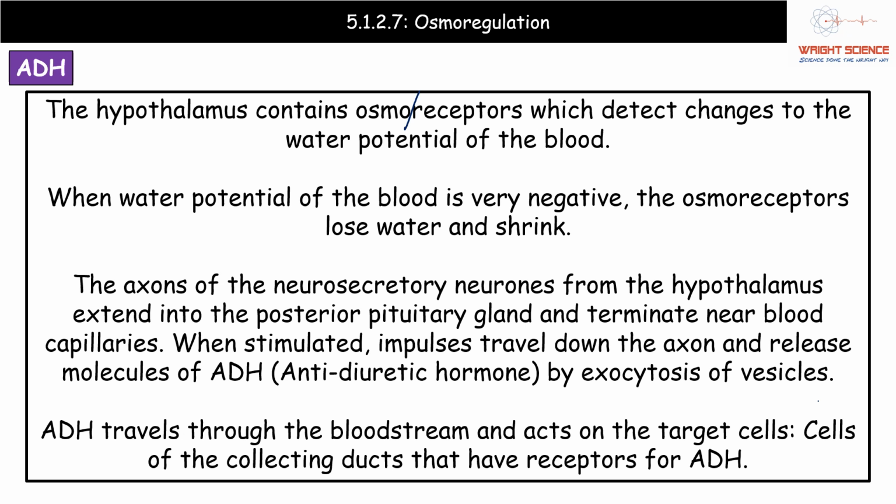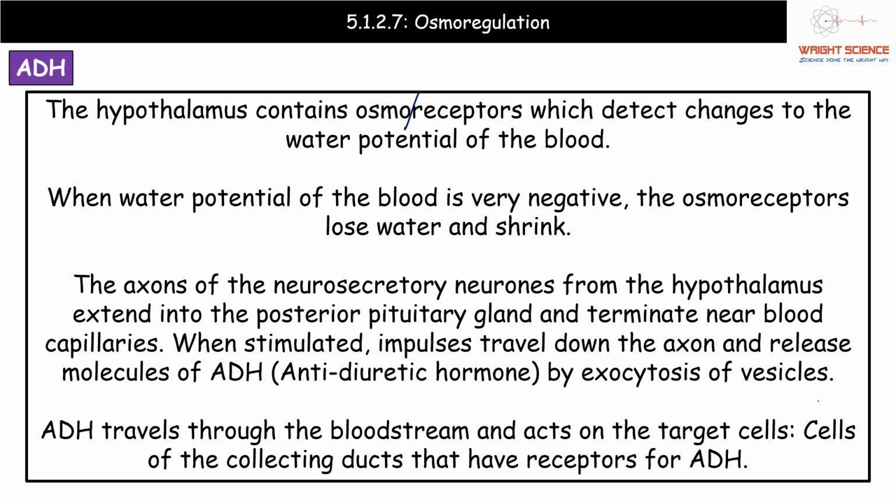Now, if the water potential of our blood is very negative, then it is going to be more negative than the water potential inside those osmoreceptors. That means that water is going to move out of the osmoreceptors into the blood, and as a result of this, those osmoreceptors will shrink.